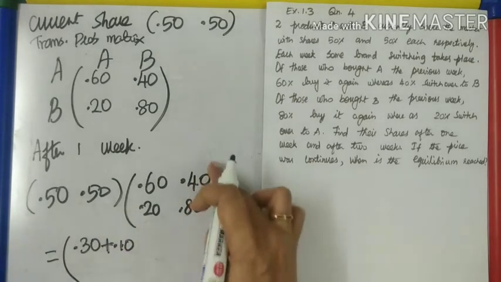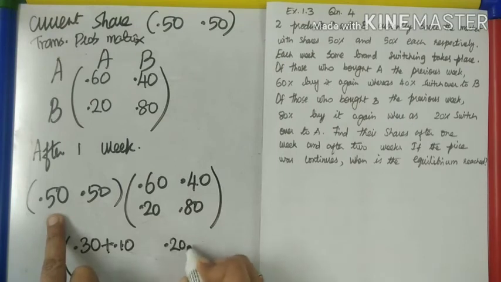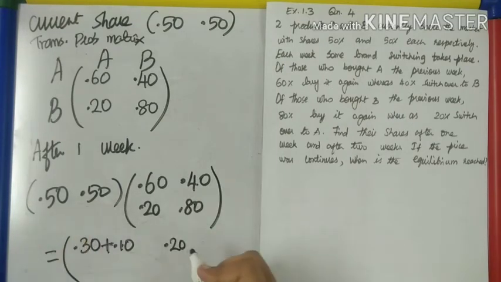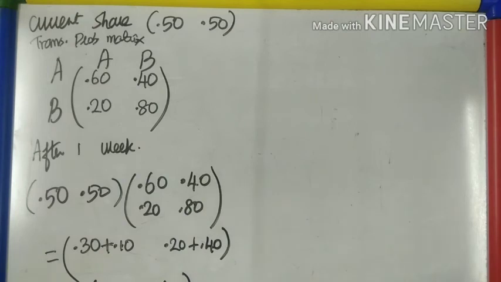Then first row by second column. 50 into 40. 50 into 80. So you can very well use the calculator and find the answer 0.40, 0.60. So A's share is 0.40 and B's share is 0.60.